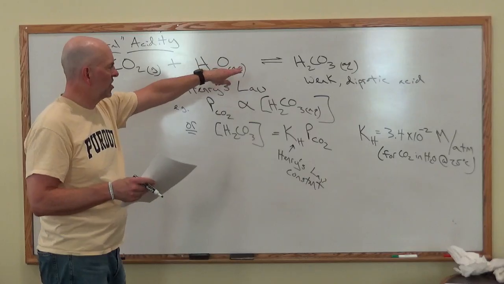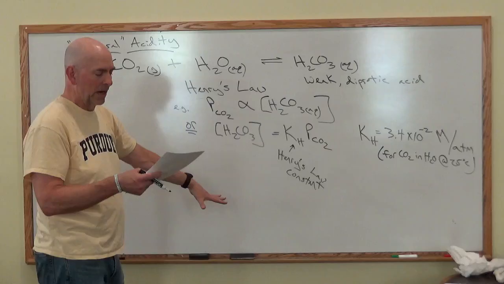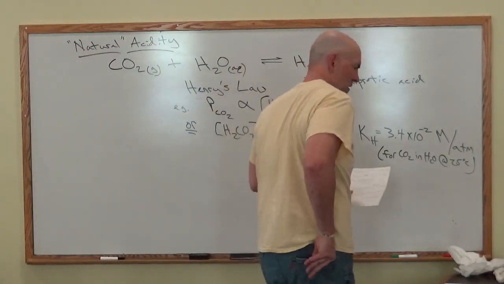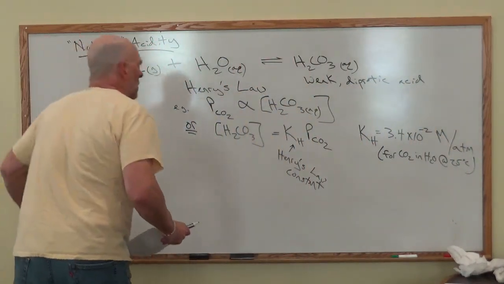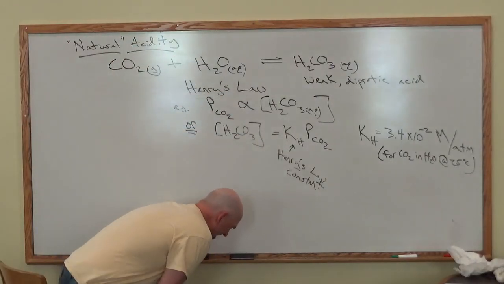And I'm going to come back to this concept here. I think I can fit this in before I have to erase it and start doing math. Yeah, great. H2CO3 is a weak diprotic acid.